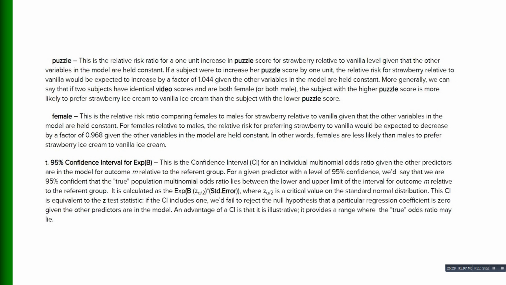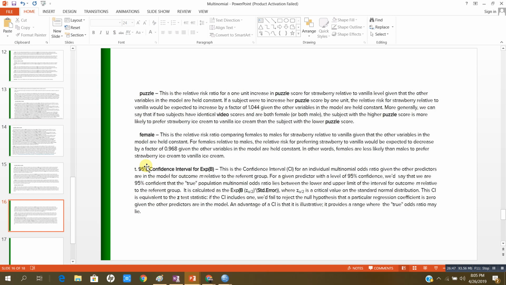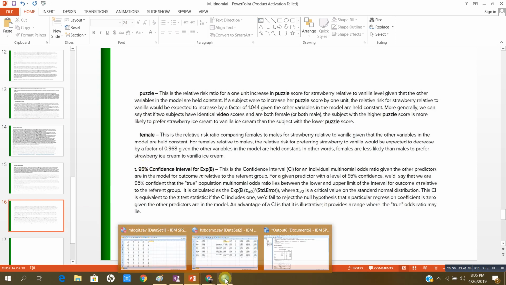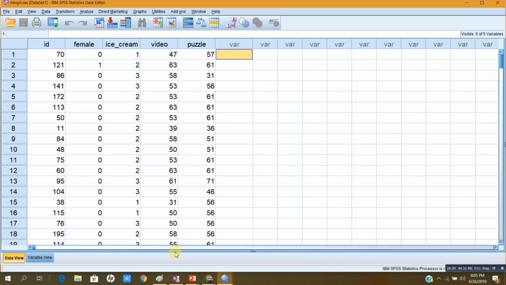Ladies and gentlemen, this is the interpretation of the multinomial logistic regression model. Now I would like to show how we can run the multinomial regression model. This is the data for which I showed the output in my presentation. The first variable is the ID, that is the ID of the respondent, or you can say the subject, the ID of the student, and this is the gender variable, and this is the ice cream 1 2 3.